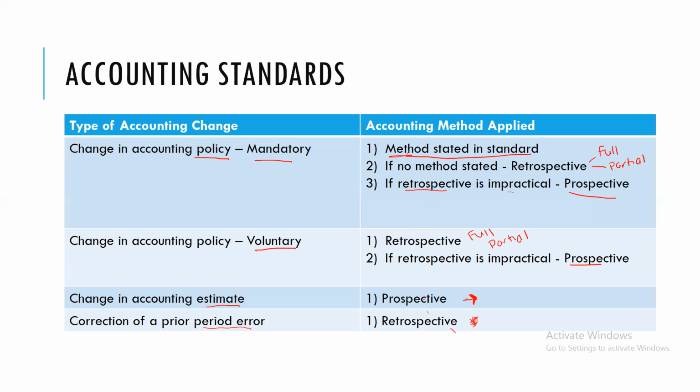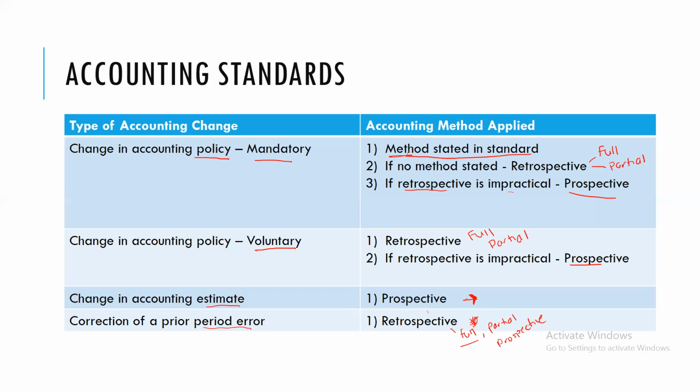So do retrospective full is what you need to do for correction of a prior period error, but if that's impossible to do, then you would do partial. If that's impossible to do, then do prospective. But usually for errors, you would do full retrospective. So go back to when the error first occurred and see how your financial statements would be different if that error never happened.